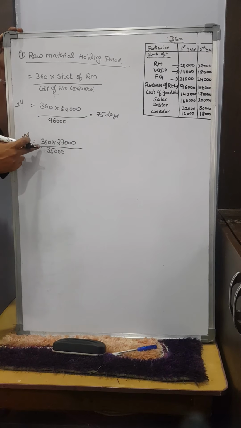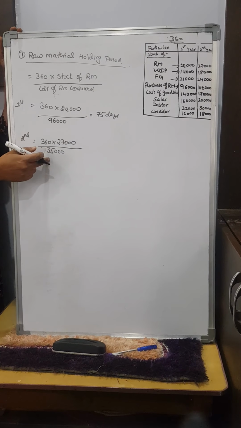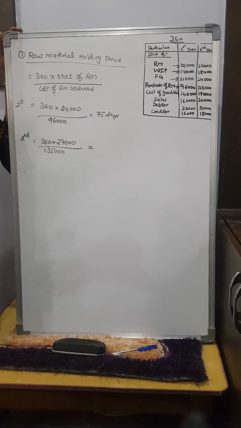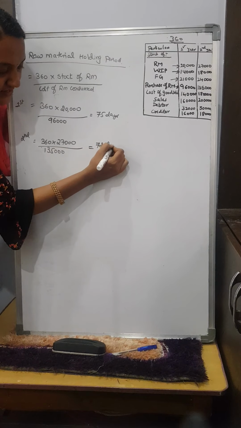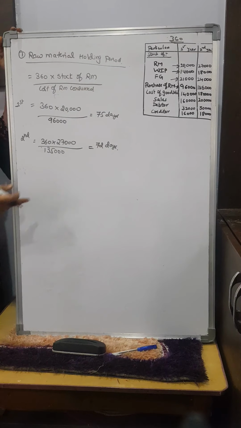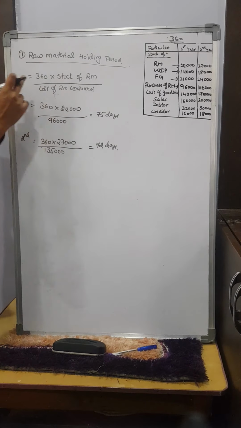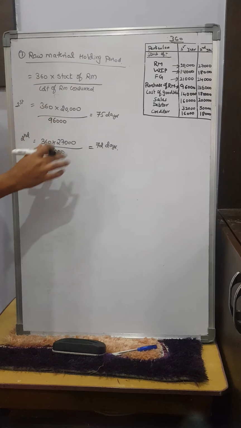And if you substitute 360 into 27,000 divided by 1,35,000, you will be getting 71.45, but we will be taking the round figure of 72 days here. This is related to the raw material holding period, and we are done.